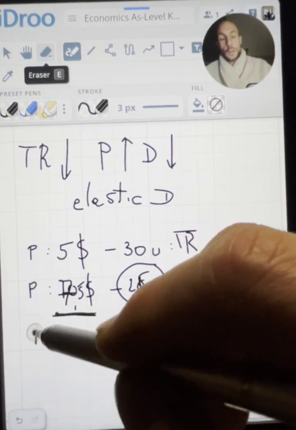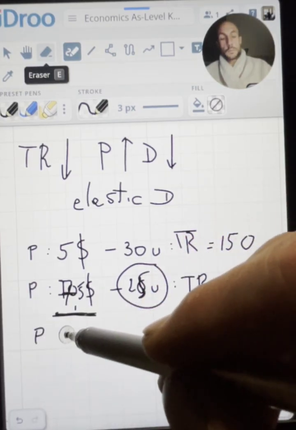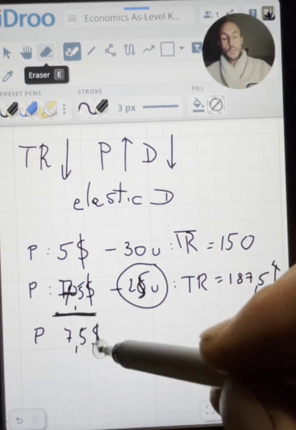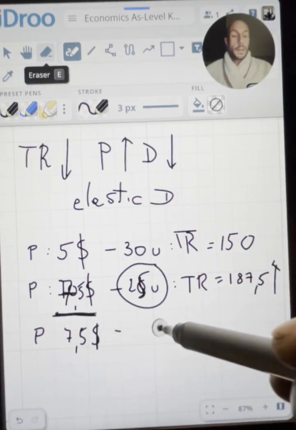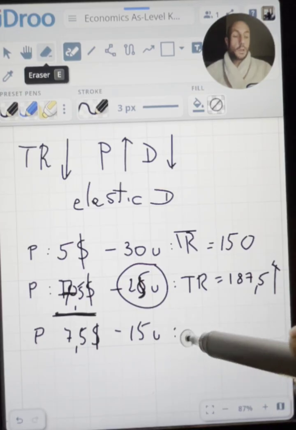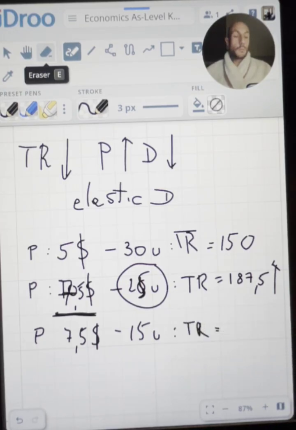In the other example, if you increased the price to $7.5, but the demand dropped to 15 units, what is the total revenue here? Oh no, actually that's supposed to be smaller. 7.5 times 15, 112.5.